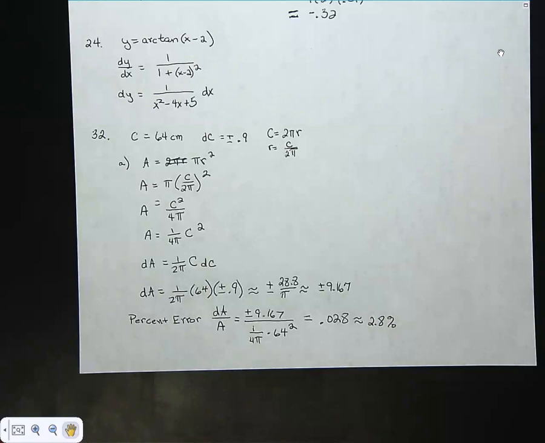Well, if we are talking about a planet, then 9 centimeters off relative to the actual size of the planet is not going to be a big deal. But if we're 9 centimeters off on something that's only that big around to begin with, that is a big deal. So this percent error is giving the ratio of the amount of possible propagated error as compared to the actual area itself.